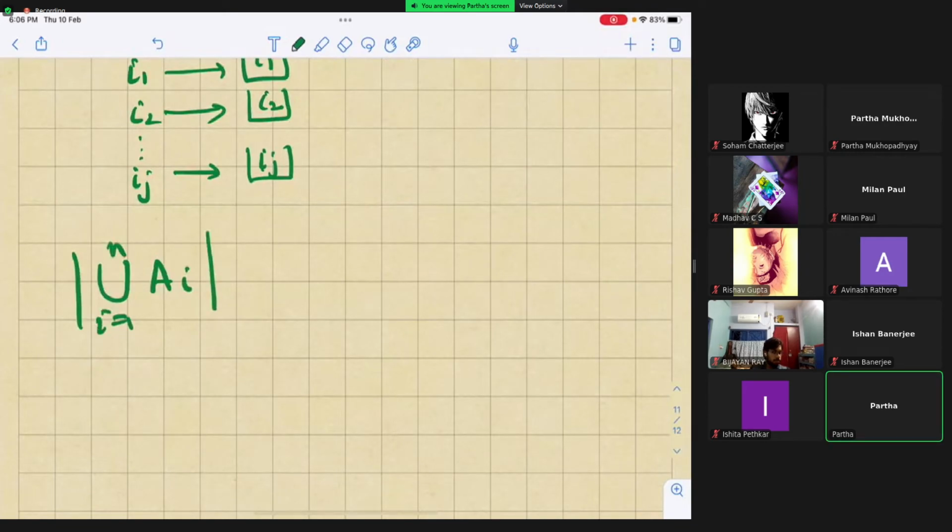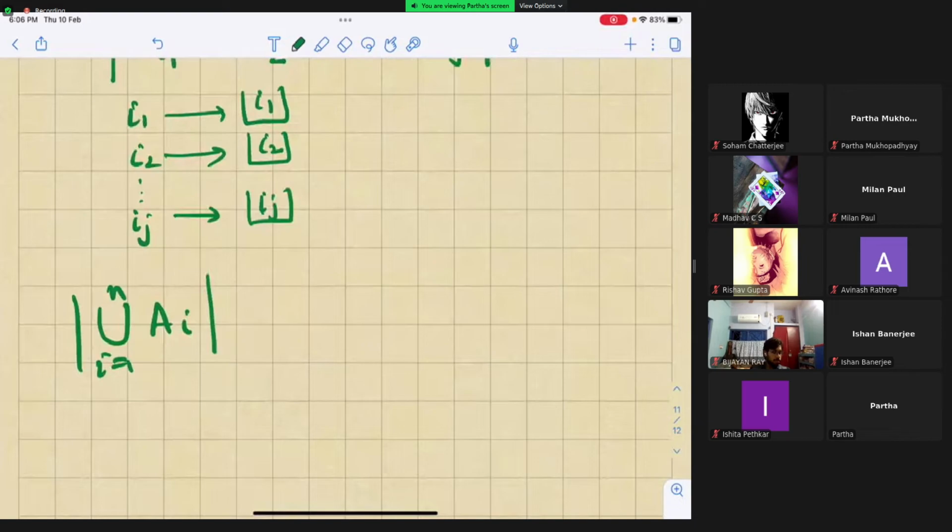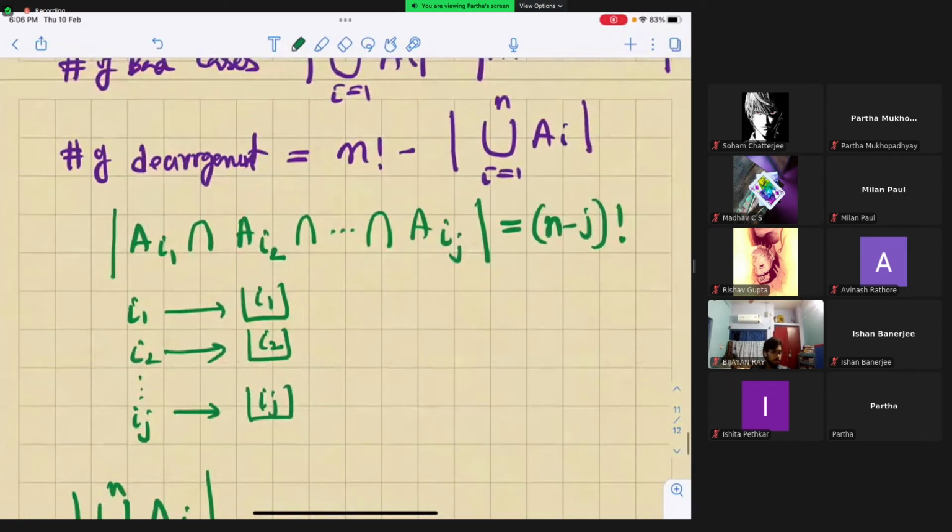In this n minus j factorial, what if some other letter also pairs with the correct envelope? That does not matter. That's precisely the point of inclusion exclusion.